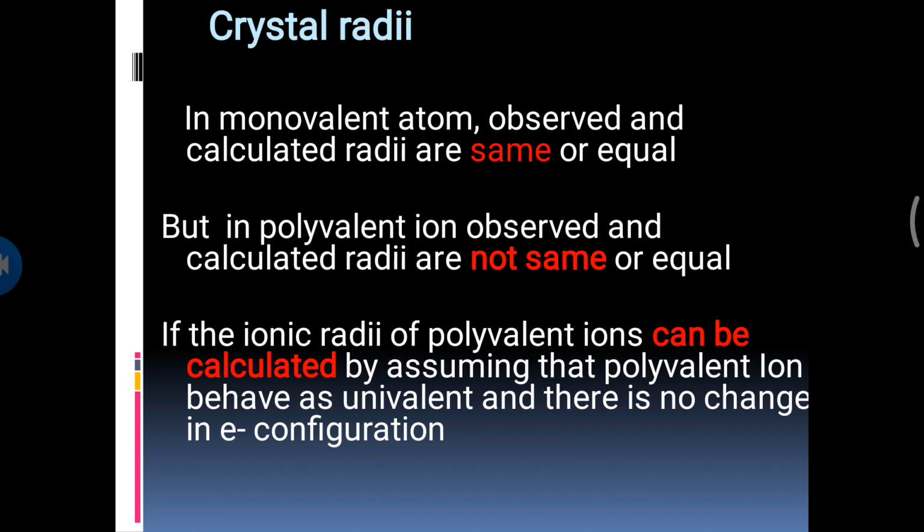That is why we convert them to behave like univalent radii, like the sodium ion, with no change in electronic configuration. At that time we can calculate the crystal radii. How can we convert polyvalent radii into crystal radii?